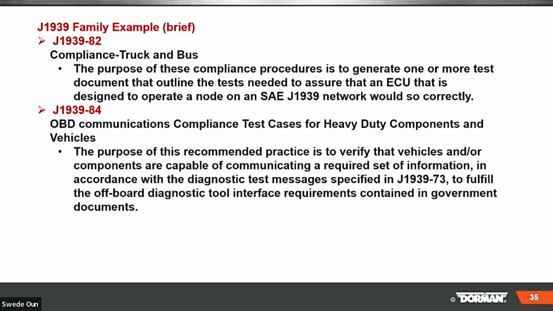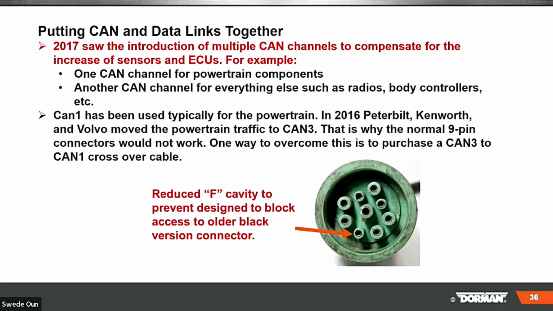J1939-84, OBD2 communication compliance test cases for heavy-duty components. Recommended practice, verified vehicle. And you have it in your handout, but the bottom line is you'll see all this: J1939-71, like in this case, 82, 84, and I believe there's like 18 in that, 16 in that family.